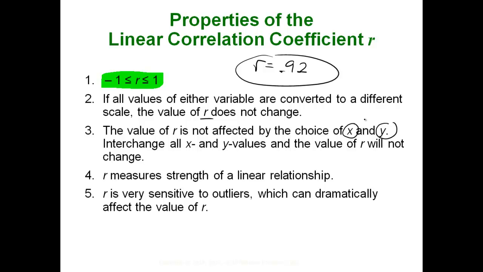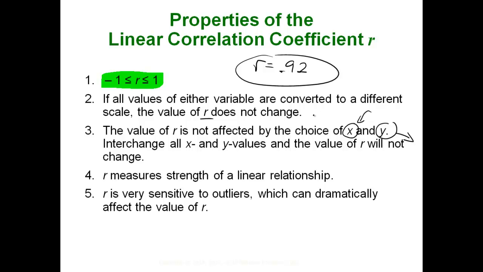Just like in normal function notation, you put something into x and then you get an answer out of y. If we were looking at, let's say, height and weight, right? Which one is really logically dependent on the other? Does your height depend on your weight, or does your weight depend on your height? And we can all agree that it's more logical to let your weight depend on your height, right?